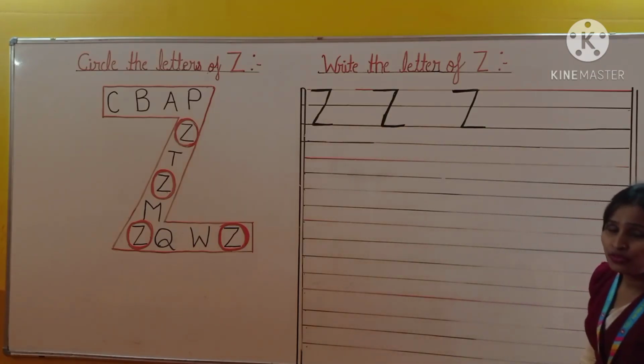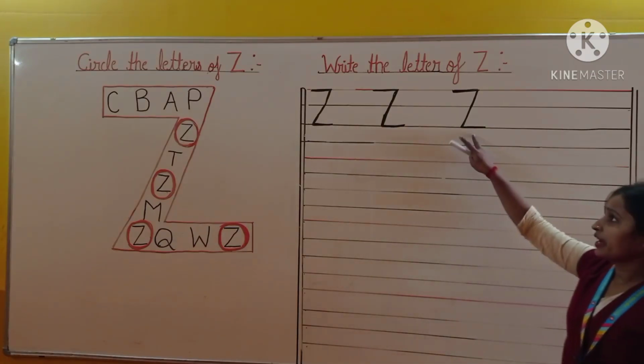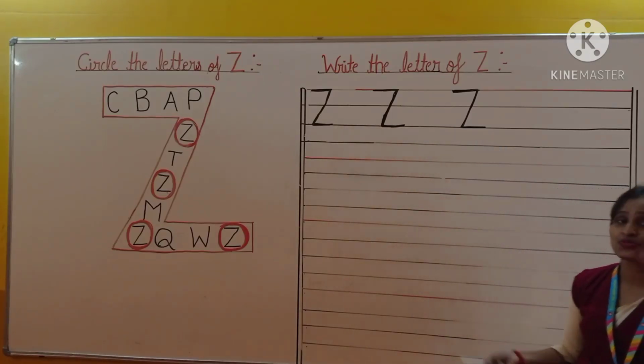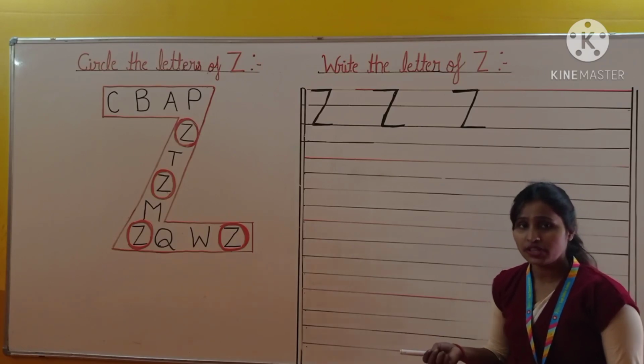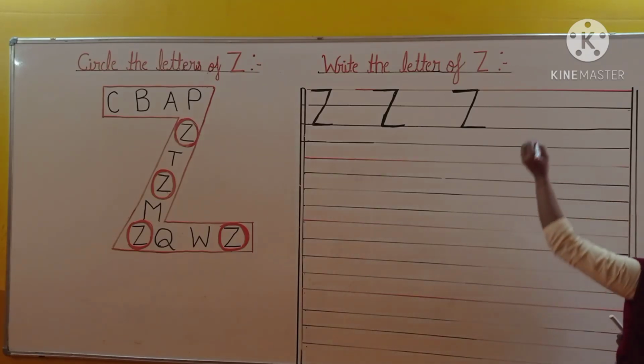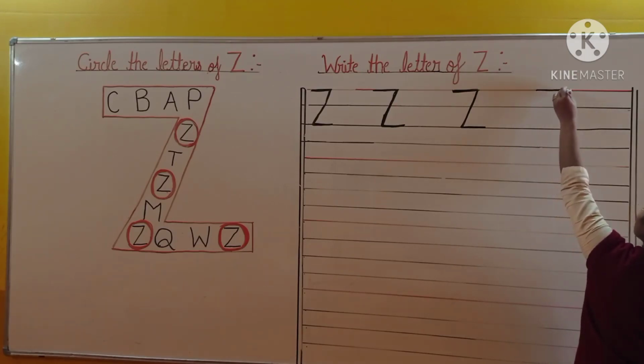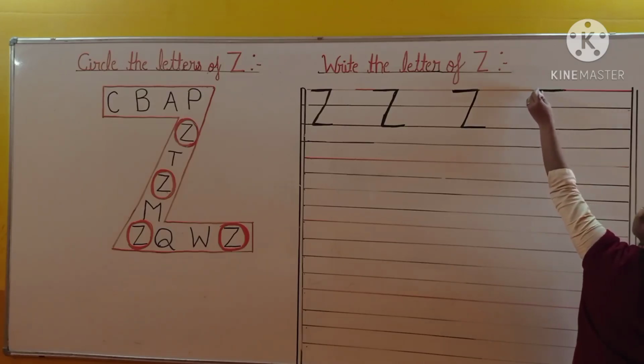Okay. Which letter? This is a capital letter J. J is for zebra. Okay. Repeat again. Start from the dot, draw a sleeping line.